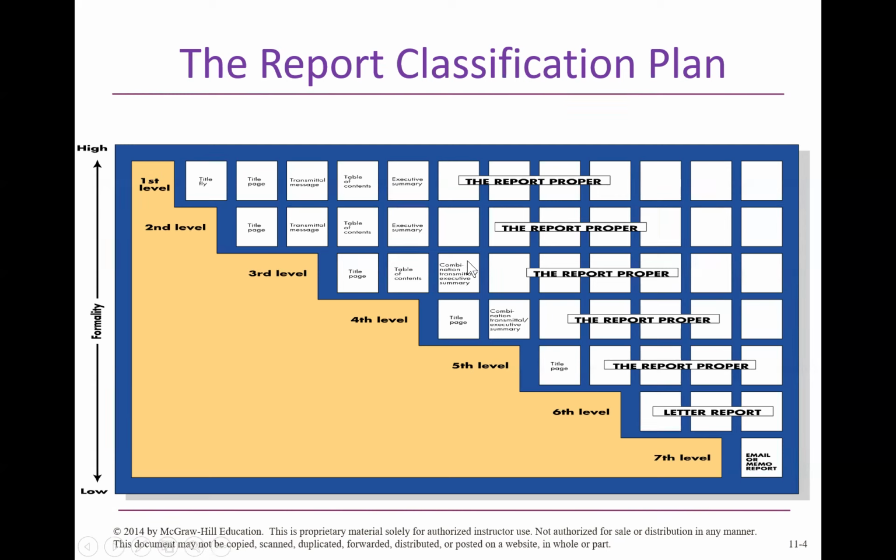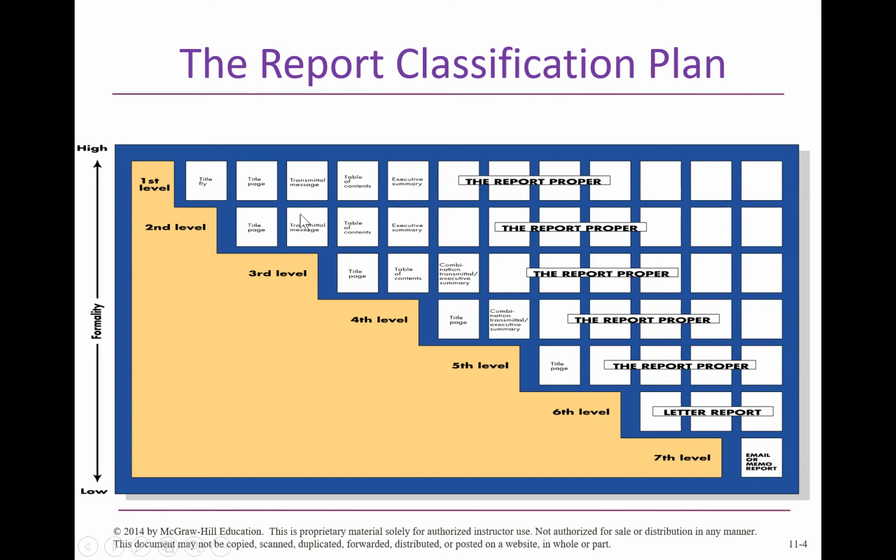You are summarizing. In executive summary, you will also write the contents of letter of transmittal in short. So letter of transmittal separately you are not writing here. So third level formal report, fourth level formal report, you will include the title page, table of contents are not important.